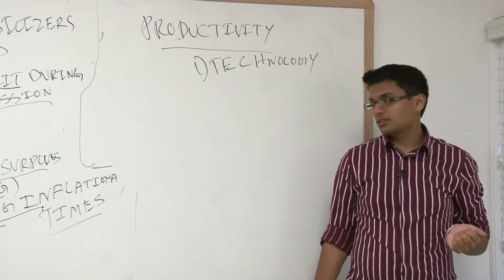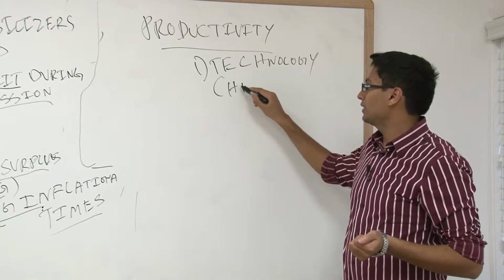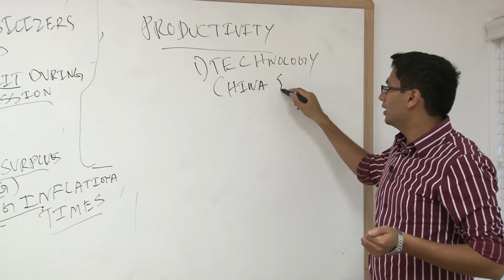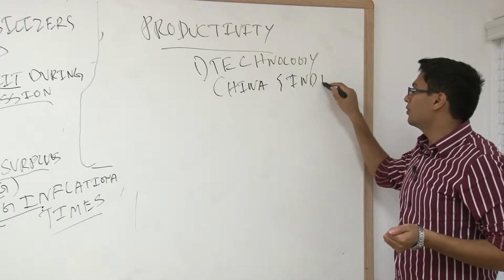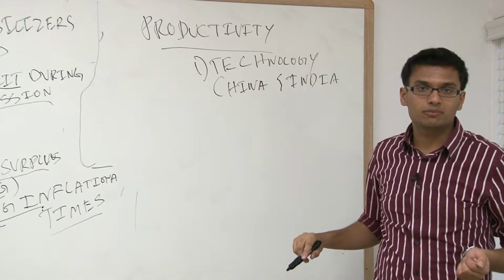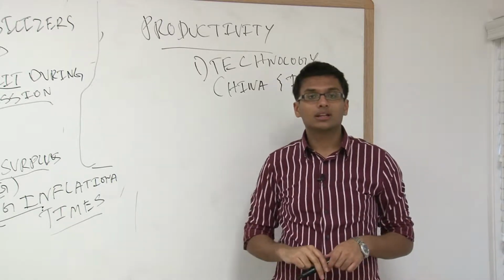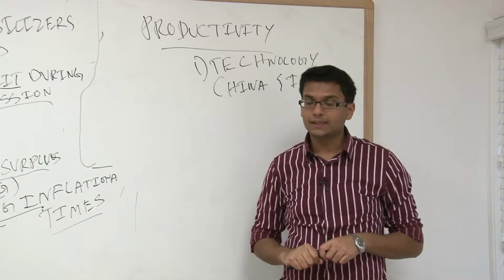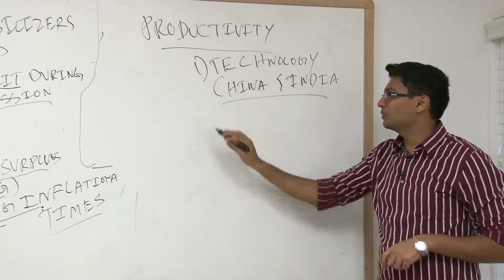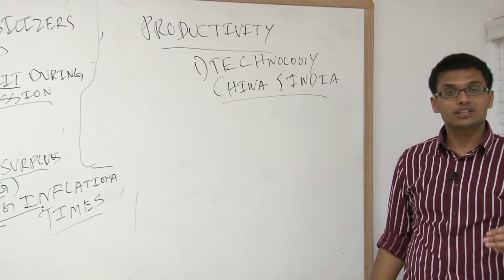Let's talk about China and India. Both economies have been growing at a GDP rate of between, I believe, 7 to 10%. Extremely high. Comparatively, developed countries are much lower than that. So their GDP growth rate is extremely healthy.